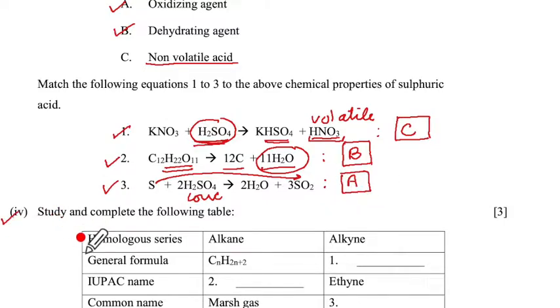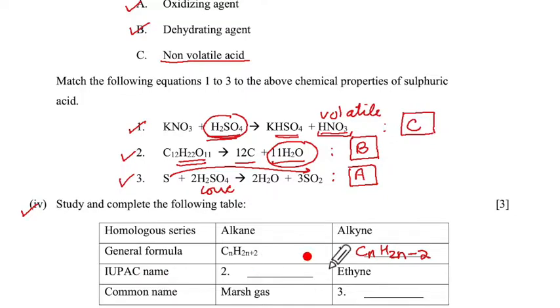We come to the fourth subpart. Study and complete the following table. The homologous series, alkane and alkynes. General formula of alkane is CnH2n+2. So alkyne is going to be CnH2n-2.